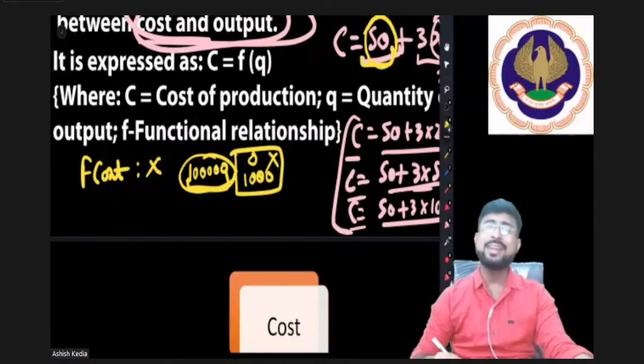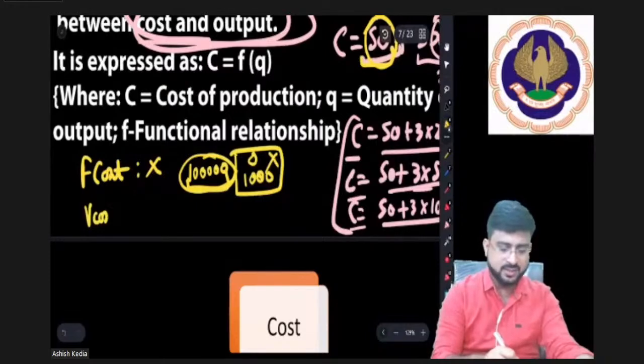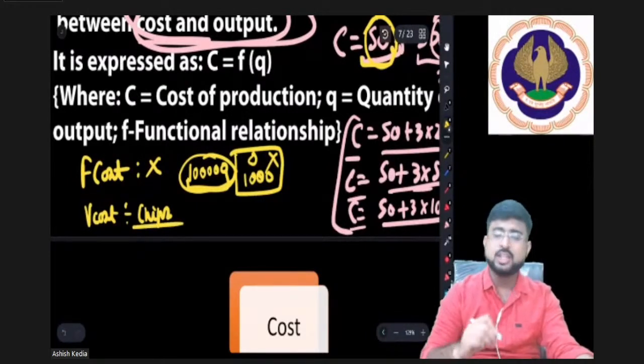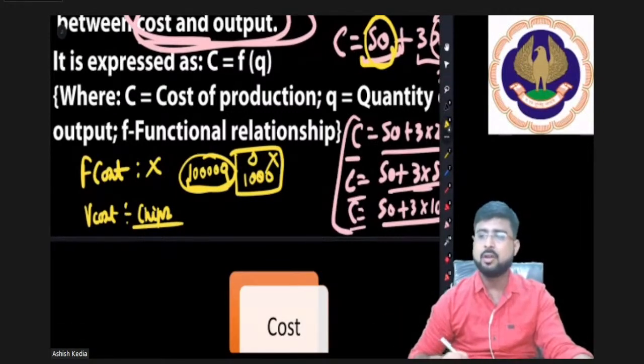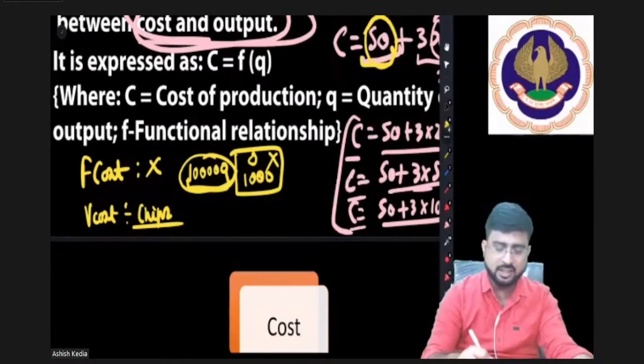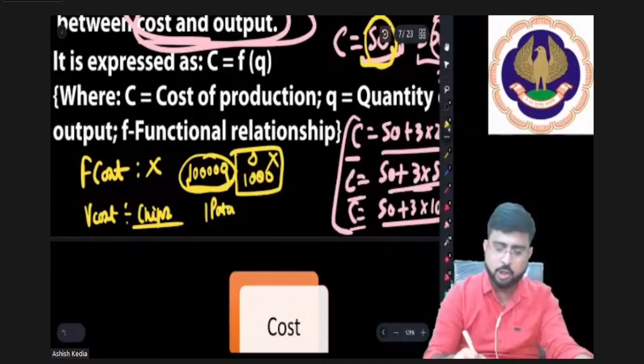Variable cost. Now we are talking about variable cost. My dear friends, let's say my business is manufacturing chips. Suppose to make one packet of chips, I need one potato, and the cost of one potato is 5 rupees.